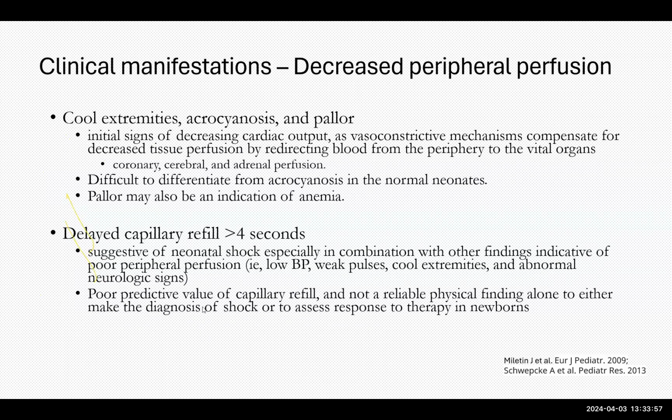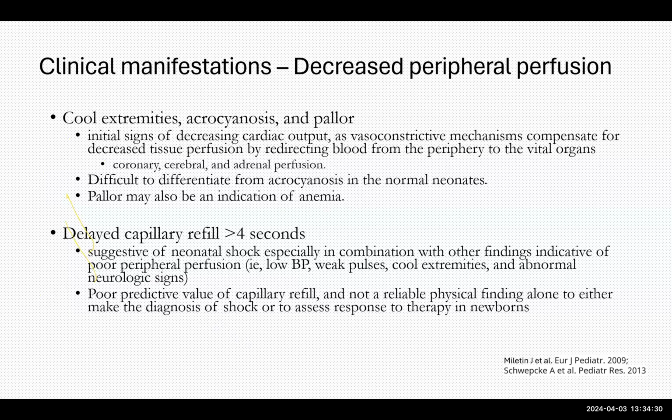They will present with cold extremities and delayed capillary refill, but these are very difficult to identify and differentiate from other causes, for example, acrocyanosis in normal neonates or anemia in very early life. Capillary refill has very poor predictive value and is not a reliable physical finding when compared with infants who are having shock.